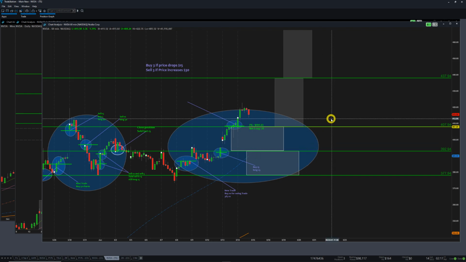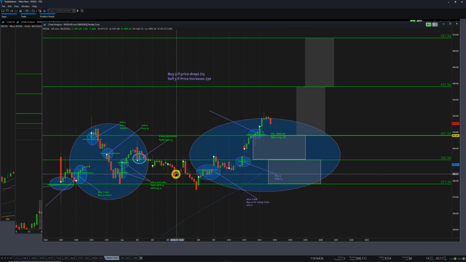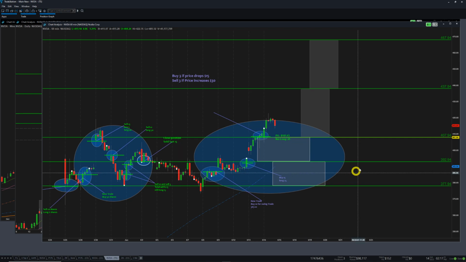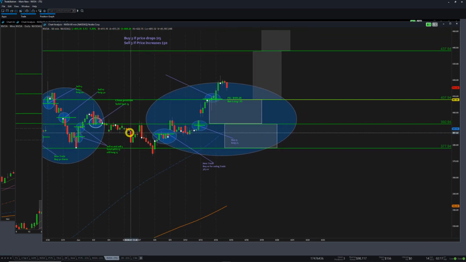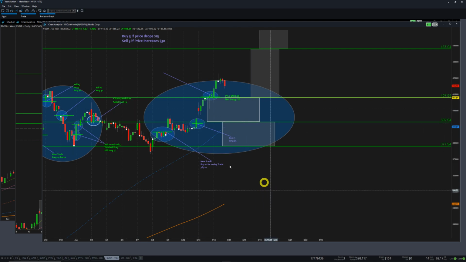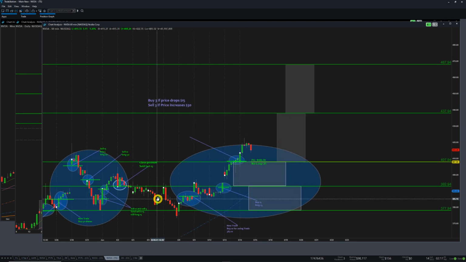I guess the question is, why am I adding so quickly, $15 only if it drops, and I'm waiting longer to sell that same position? This is definitely a bullish bias to the trading. It'll be quicker for me to add positions as it's dropping than it will be for me to exit, apparently, if I've got to wait longer.